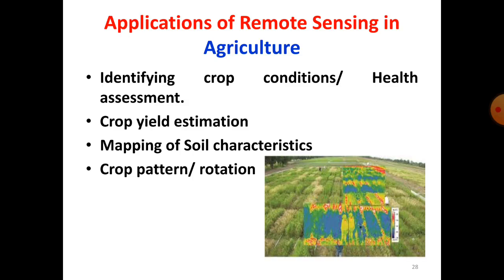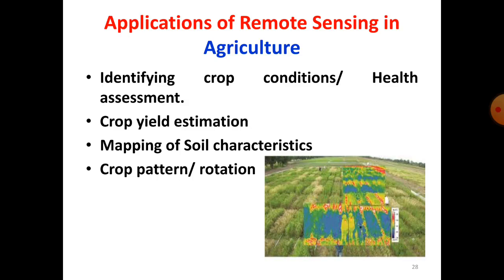The crop yield estimation can also be easily done by remote sensing. Mapping of the soil characteristics: soil characteristics are very important to sow a particular seed. So the characteristics of the soil can easily be assessed by using remote sensing technology.